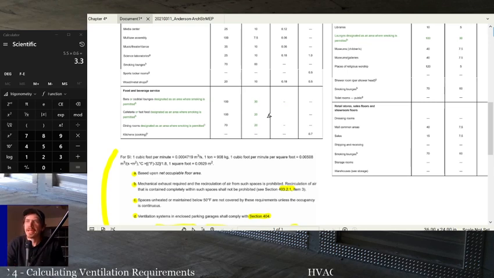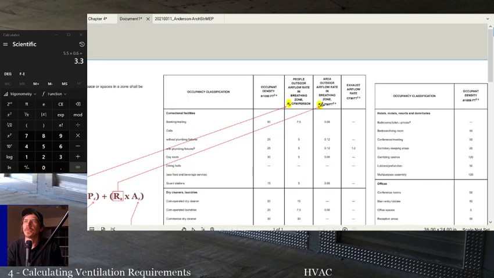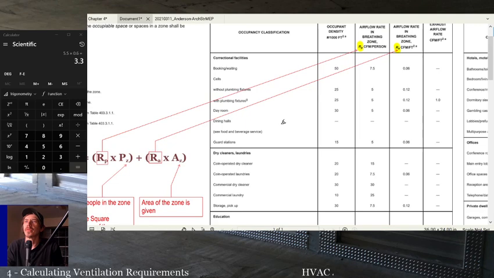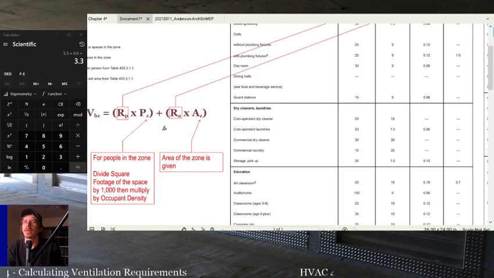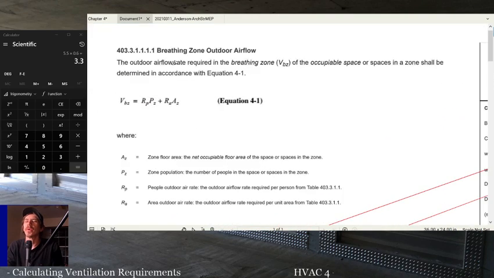With that being said, this table tells you how much airflow and how many people there are in a building where you need to provide outdoor air. So the outdoor airflow rate required in the breathing zone, where the breathing zone, there is a definition on that.